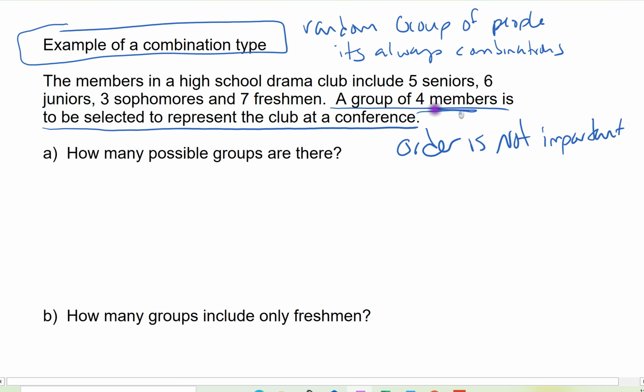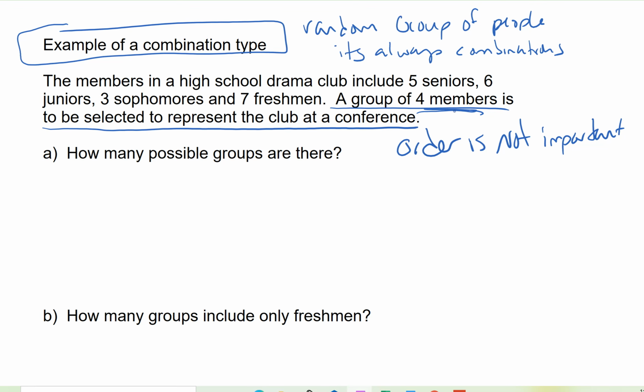Secondly, I want 4 people, right? So I can't pick the same person twice. If I picked the same person twice, I wouldn't get 4 people. I'd get 3 people, because I picked somebody 2 times. They're still just one person. They just happen to take up 2 slots. Right, but I'm not allowed to do that. I need 4 people.